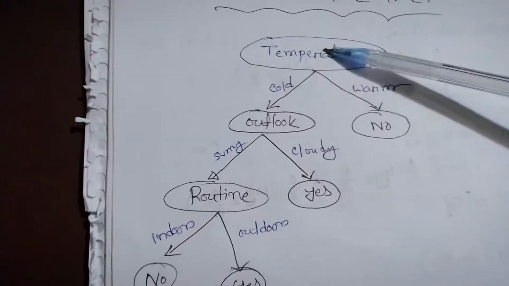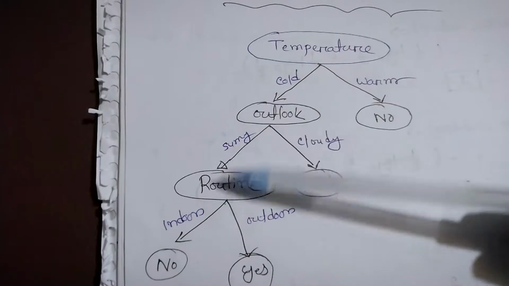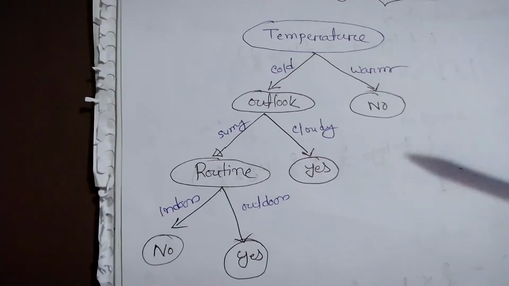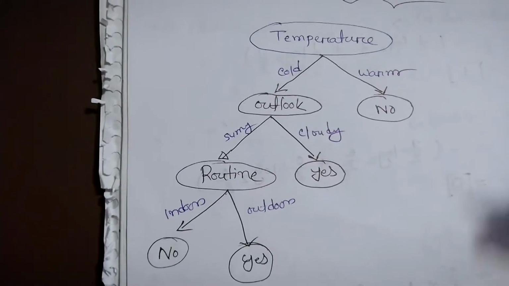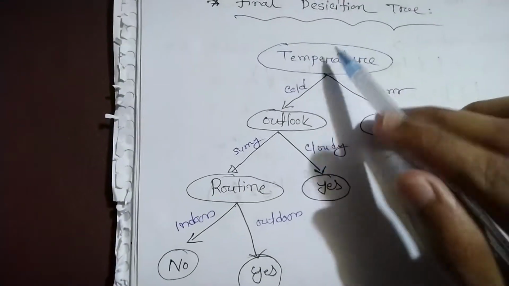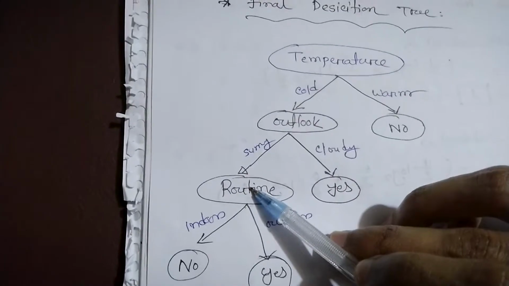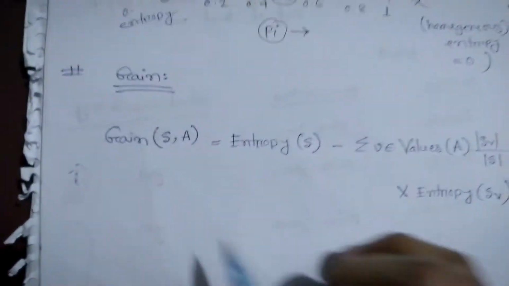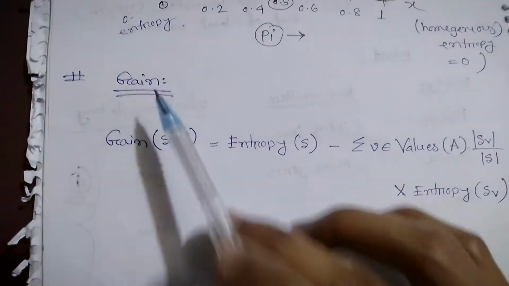So temperature, outlook, routine are our feature variables, and based on them we will decide whether you wear the coat or not. Which one should be in the root, temperature, outlook or routine? We will calculate it using a formula. There is a very important thing we need to know, which is gain.